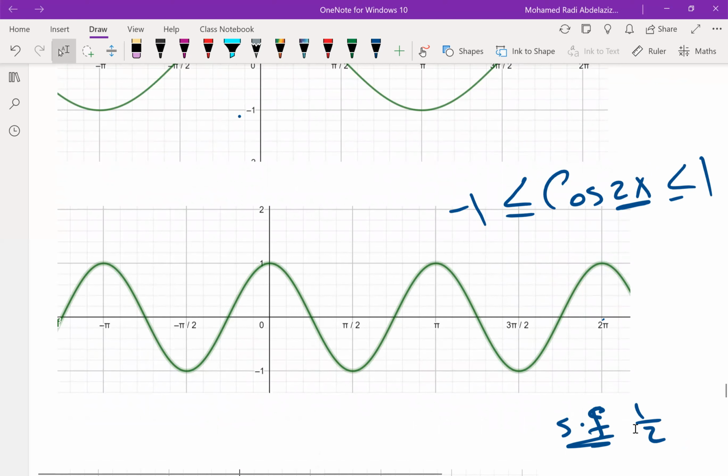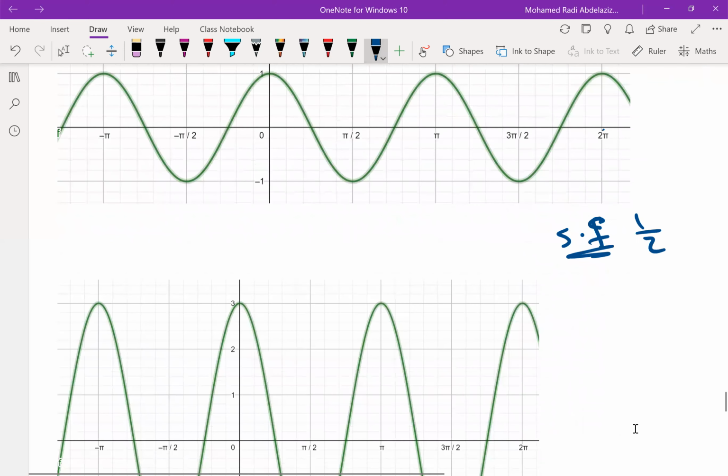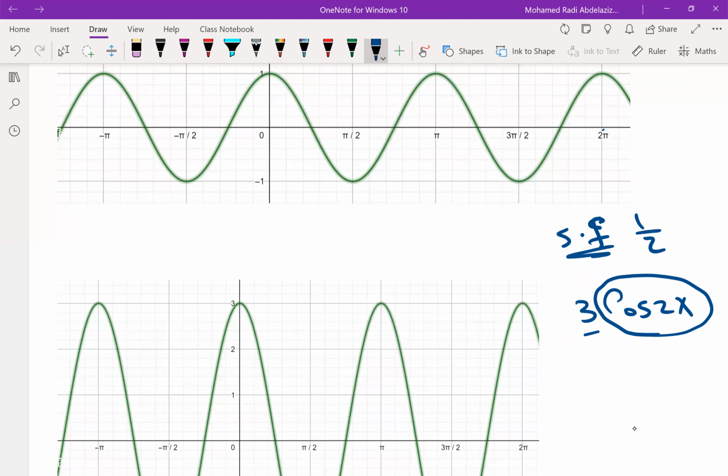The next step is 3 cosine 2x. When you multiply the function by 3, this is called a stretch parallel to the y-axis, scale factor 3.